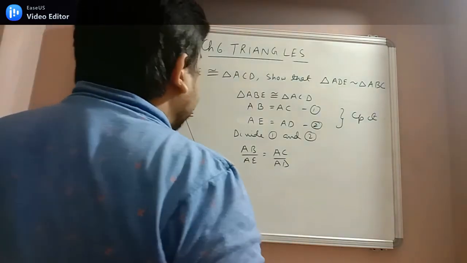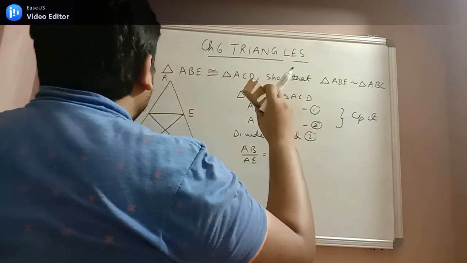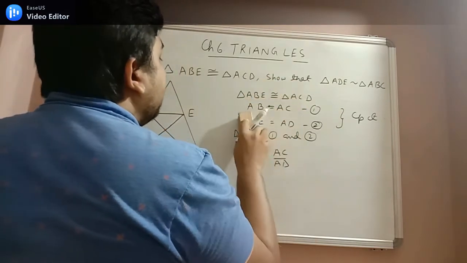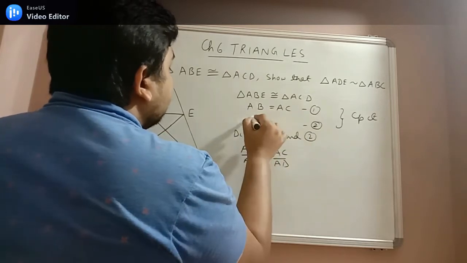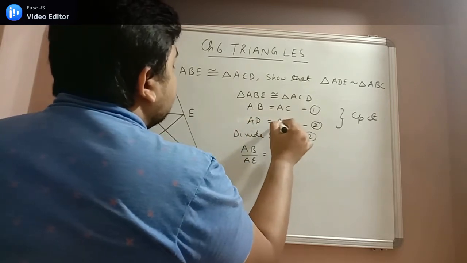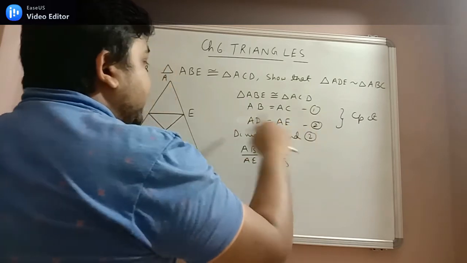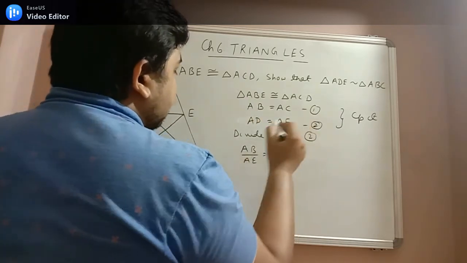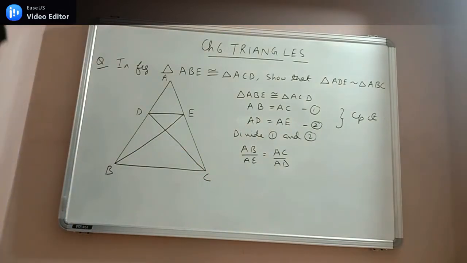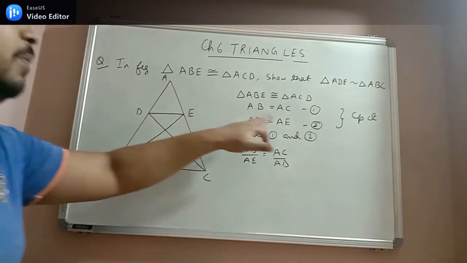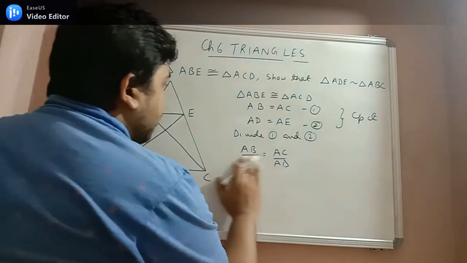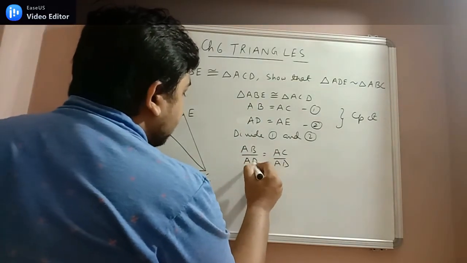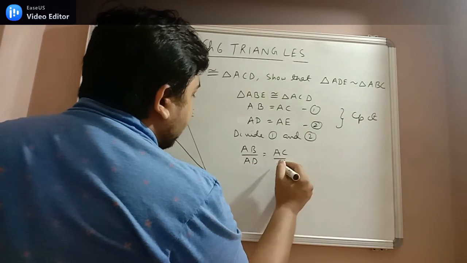Now let's write AD equal to AE instead of AE equal to AD to get the corresponding ratios. So I'll get AB upon AD equal to AC upon AE.